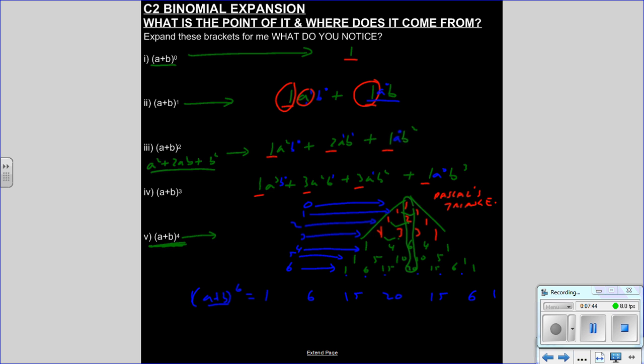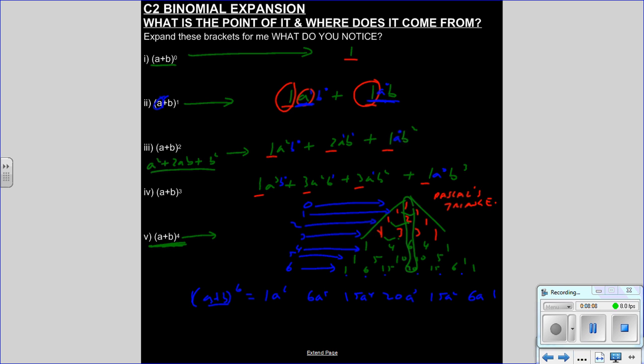Do you see? Can you see what happens to the powers of a? The first object in that bracket is reducing its power by 1. So a to the 1 goes to a to the 0. So I know that this is going to go a to the 6, a to the 5, 4, 3, 2, 1, and 0, right?